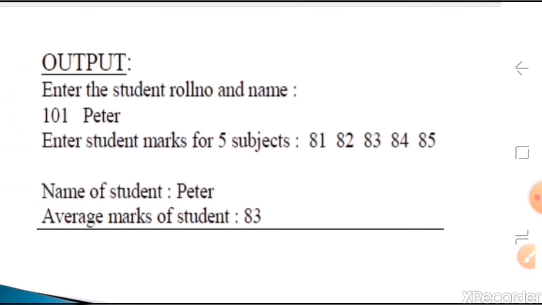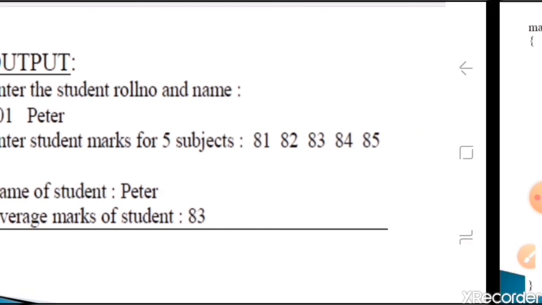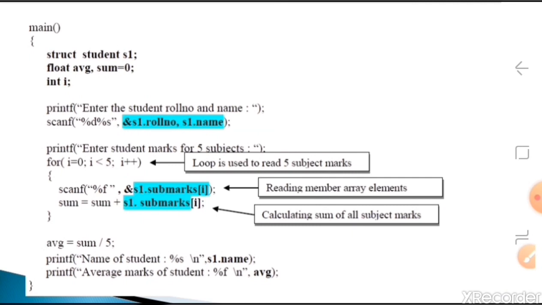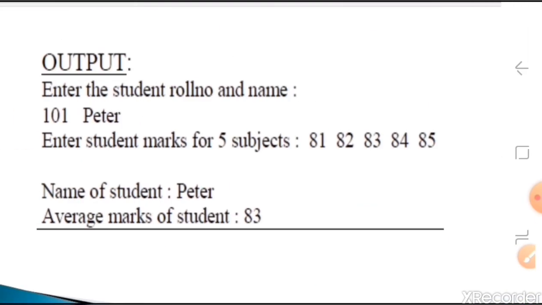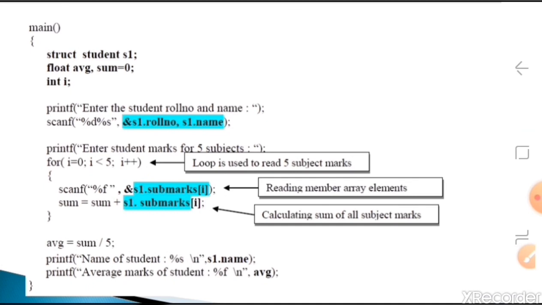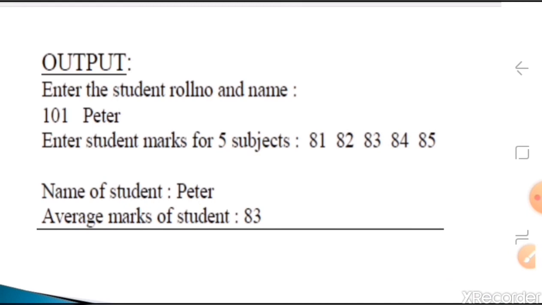Five times, in the for loop, we read them: 81, 82, 83, 84, 85. After the for loop, it calculates the average and displays the result: student name is Peter, average marks is 83, that is the addition of 81 to 85 divided by 5, we get 83.